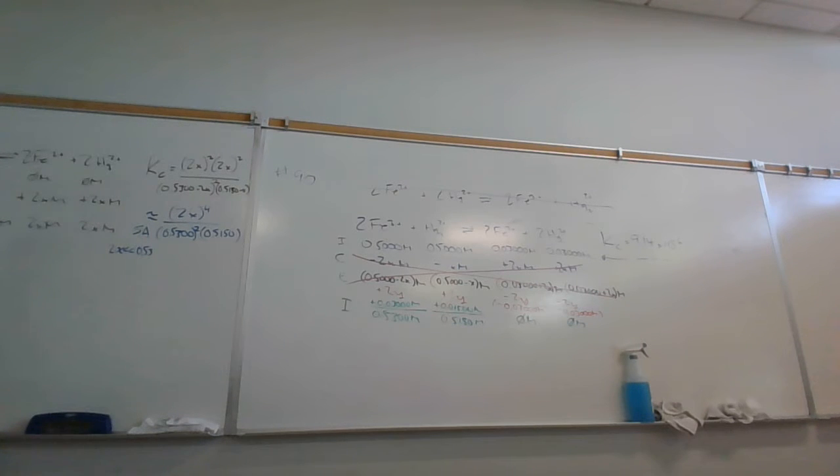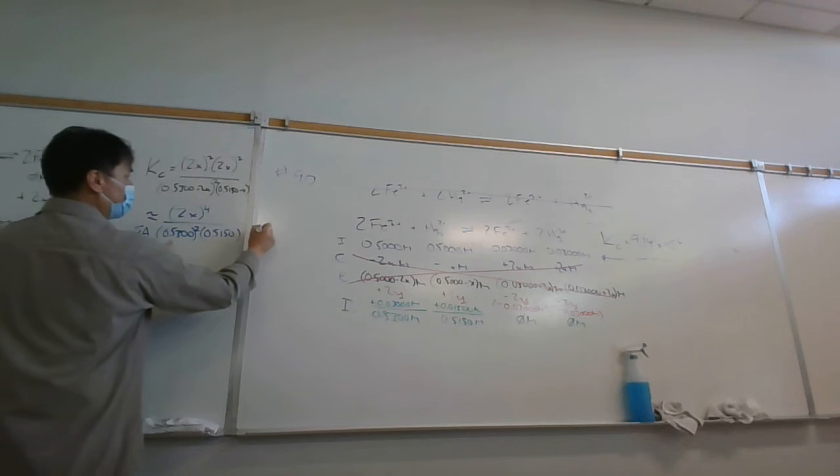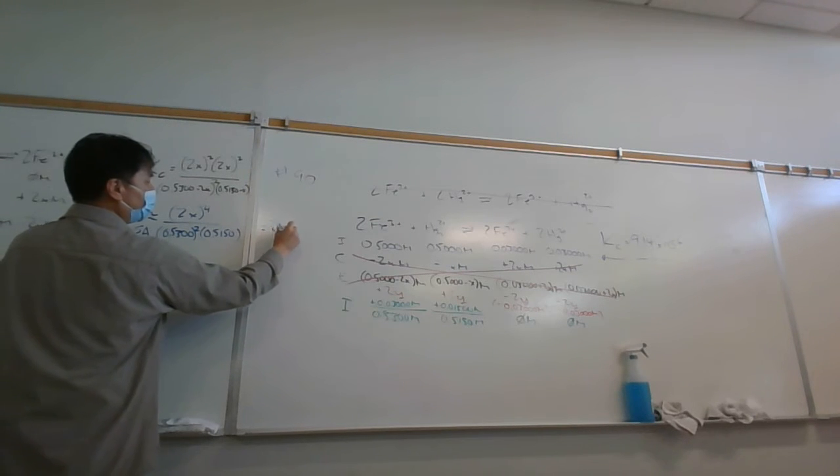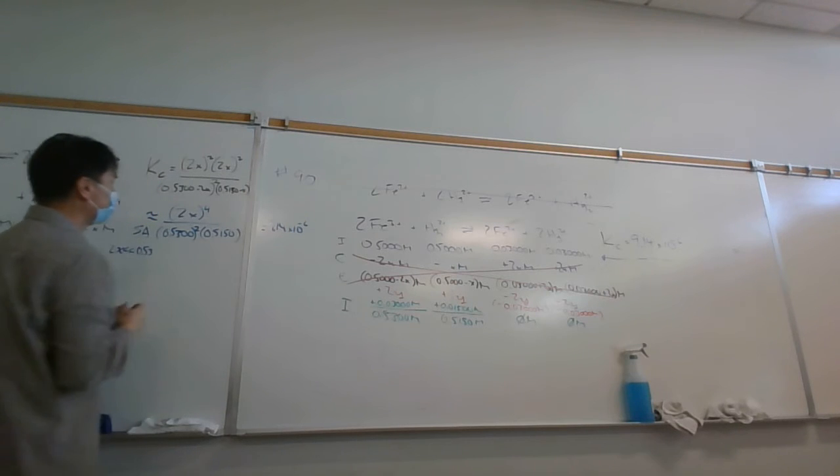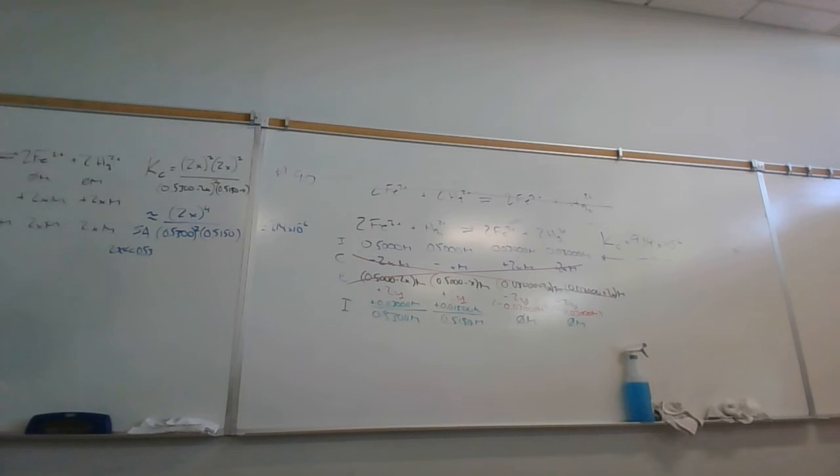Okay, now how's the math? Yeah, the math shouldn't be a problem. We're going to set this equal to 9.14 times 10 to the minus 6 and see what we get here. So I'll just use the calculator on my phone.